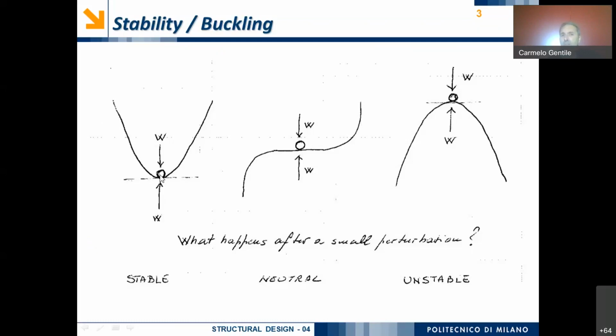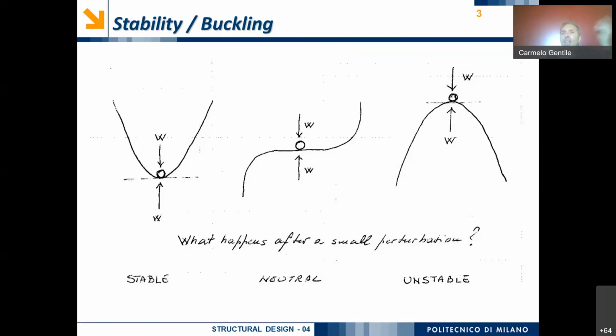The first one is the equilibrium position in which our ball is in the bottom part of the guide. The second case is when we have an equilibrium with our ball on a horizontal part of the guide. And the third case is that now our ball is on the peak of our guide.